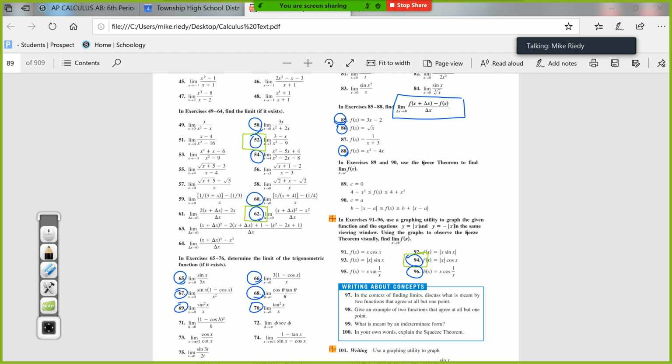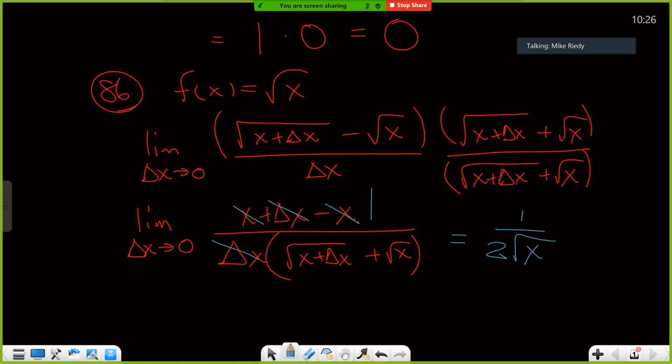Okay. Lastly, I want to take a look at a sandwich problem, only because I told you not to write it down, but then I gave you a homework problem. So I'm going to show you what it looks like when you build this sandwich like we talked about in the lesson. Okay, so we'll do 94, which is absolute value of x times cosine.